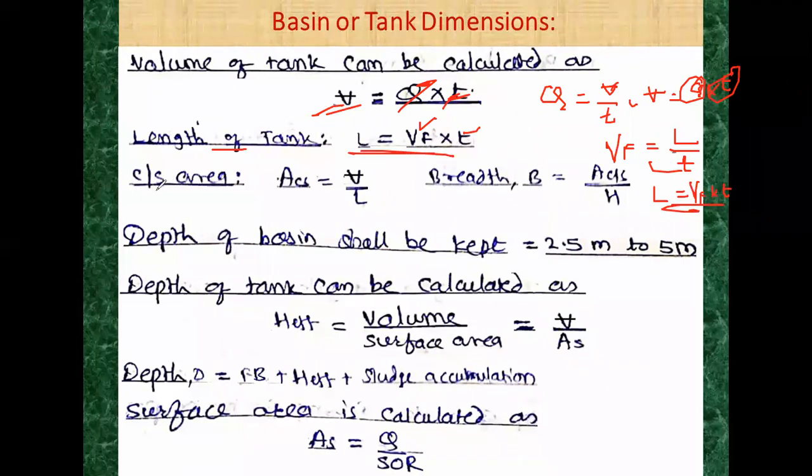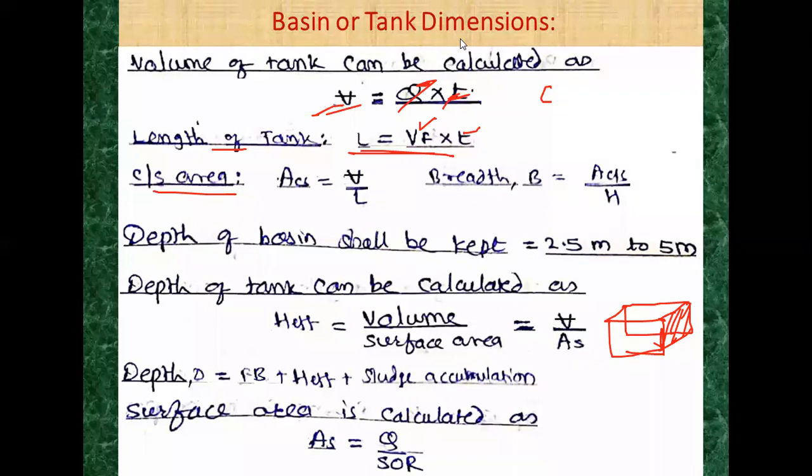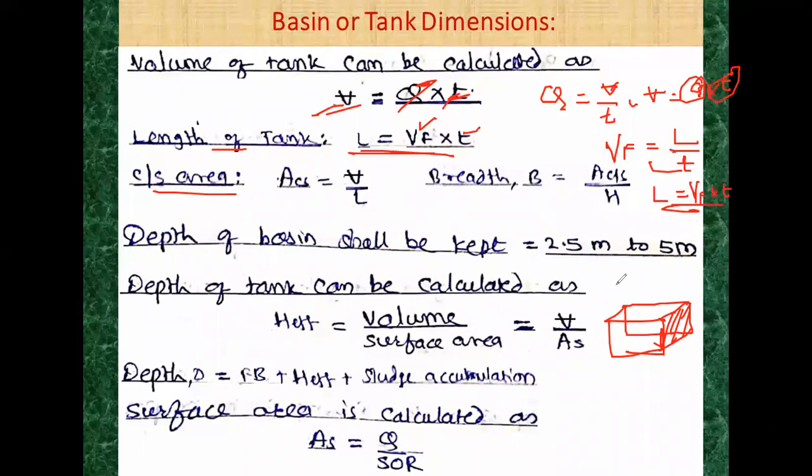Next, how to find out the cross-section area of a sedimentation tank? What is cross-section area of the sedimentation tank? If it is a rectangular sedimentation tank, in that case, this portion is nothing but the cross-section area of the sedimentation tank.